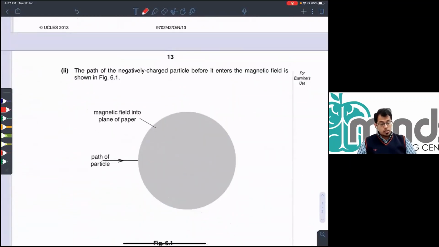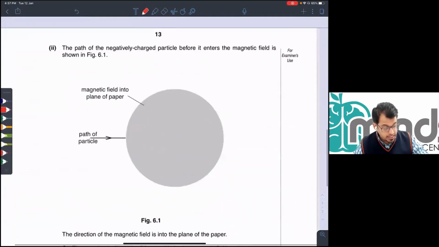The path of the negatively charged particle before it enters the magnetic field is shown in figure 6.1. The magnetic field is into the plane of the paper. If I apply the right hand rule, I will put my right hand like this, imagining the surface is in front of me.